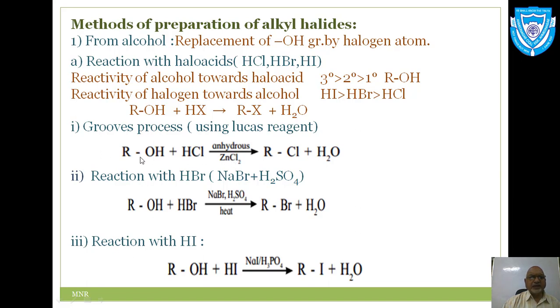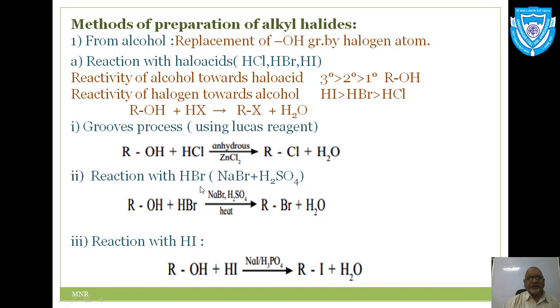So we take an alcohol, treat with an acid, in particular here we use HCl, hydrogen chloride, and we get a substitution reaction where OH is substituted by Cl and we get RCl, that is alkyl chloride, and the byproduct is OH minus plus H plus, we get water. So here you get alkyl chloride. The next method of preparation is reaction with HBr.